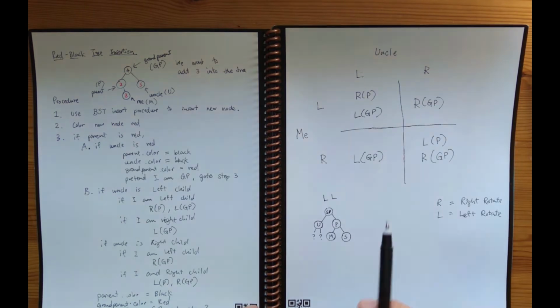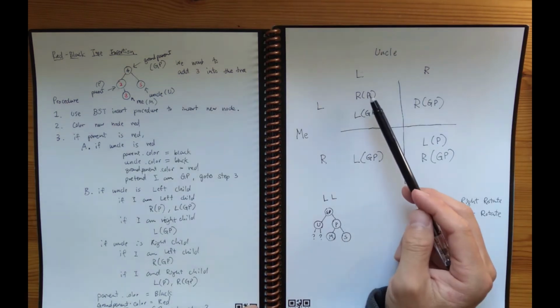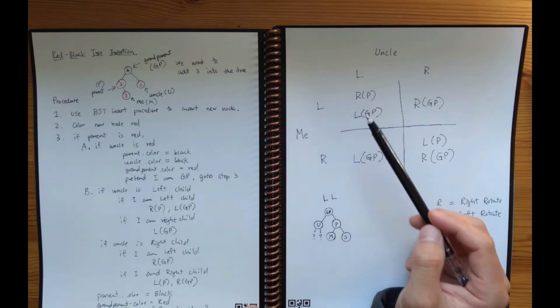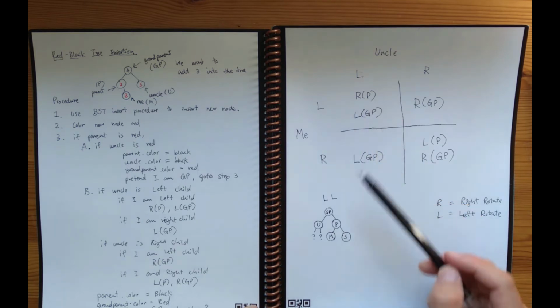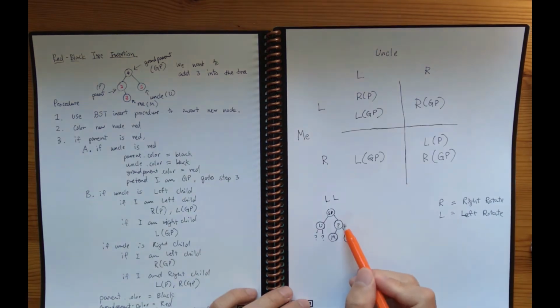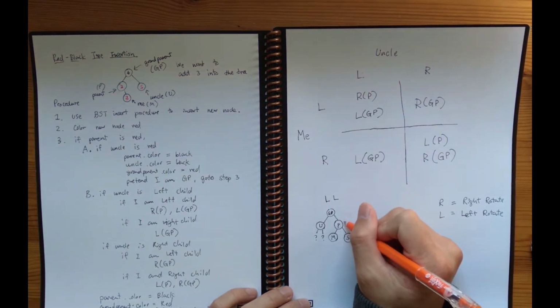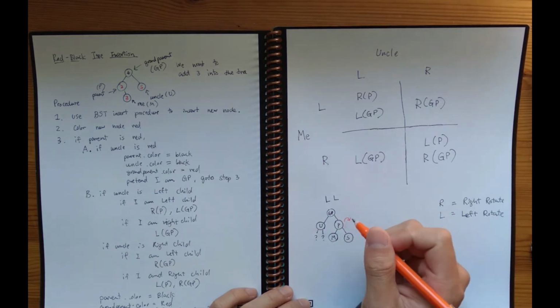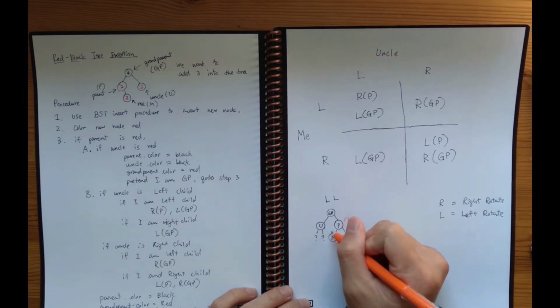So based on this rule, first we're going to rotate our parent to the right, and then we're going to rotate our grandparent to the left. So if we want to rotate the parent to the right, we want the parent to go this way. What we want to do is actually replace the parent with its left child.